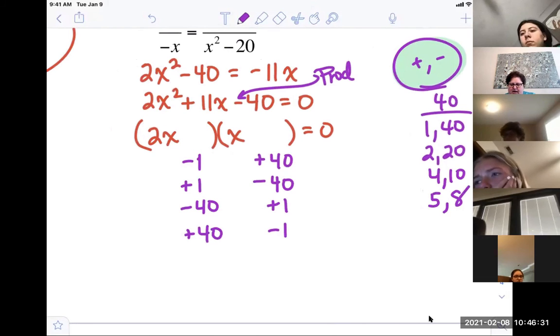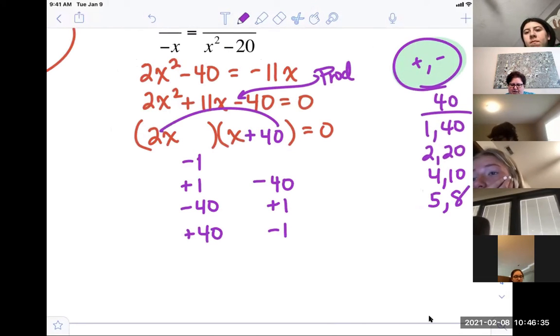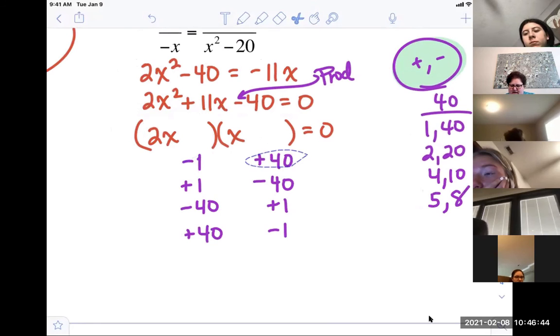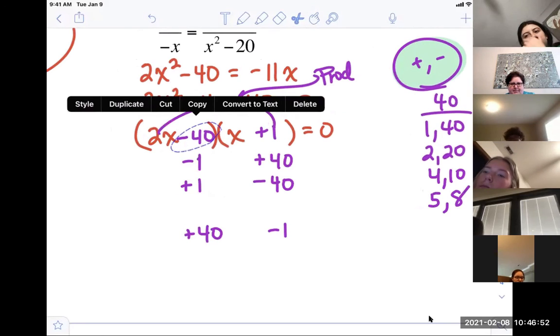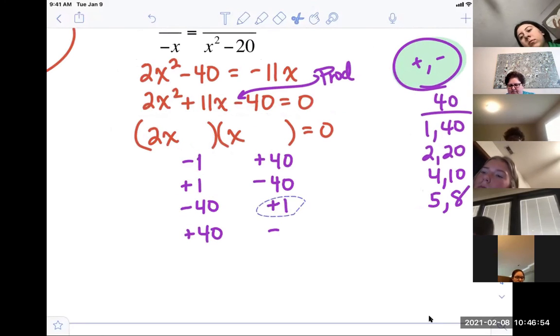So again, putting a 40 here means that that 40 gets multiplied by 2 before it gets combined with the negative 1x, whereas putting a 1 here means that 1 gets multiplied by 2 before it gets added to the negative 40. Okay, so for these problems where you've got opposite signs, that really does give you more things to check.